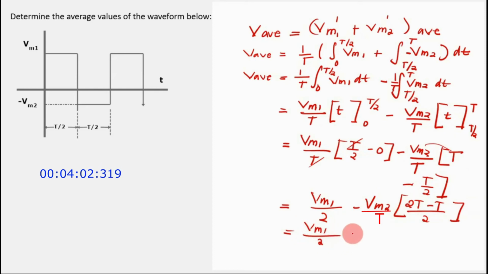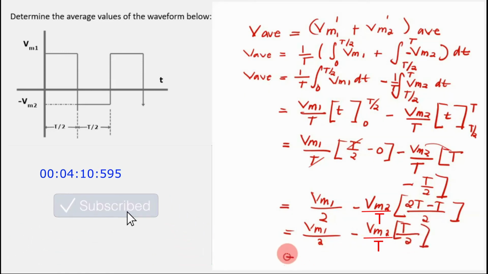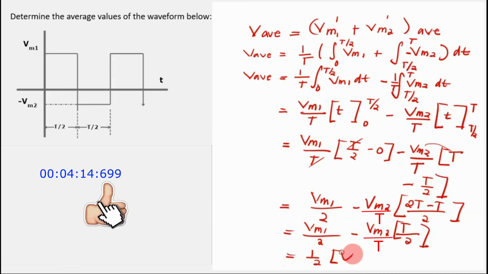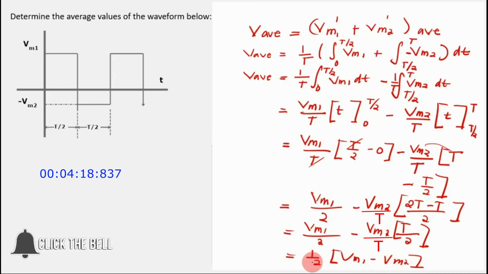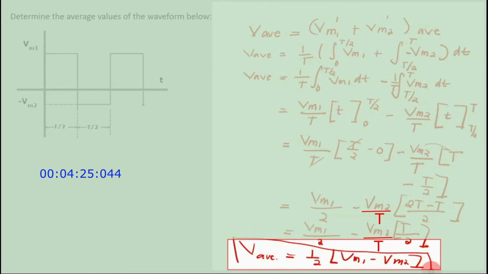Vm1 over 2 minus Vm2 times T, 2T minus T, that is T, over 2. So that's it. What remains is 1/2 times Vm1 minus Vm2. So actually, this is the V average. This will be your answer. Okay? So that's it.